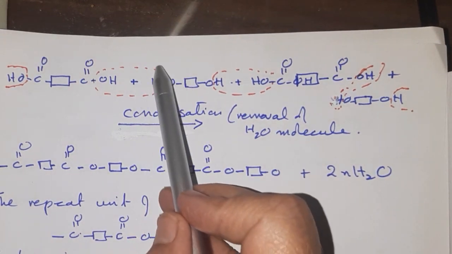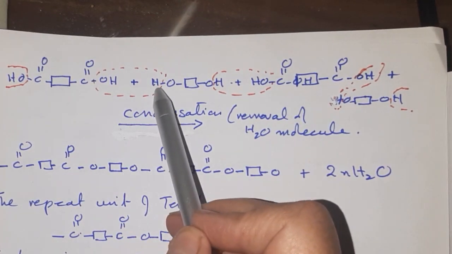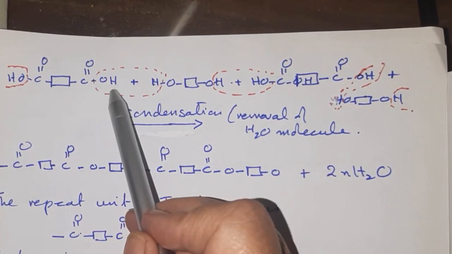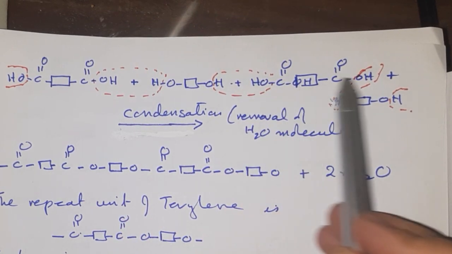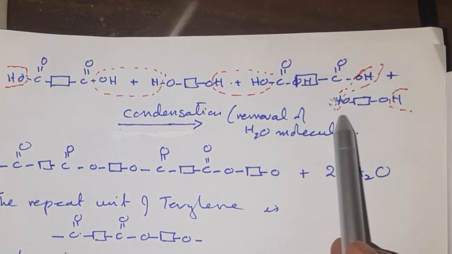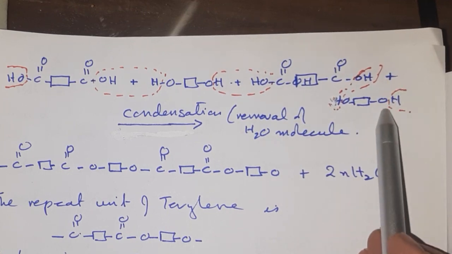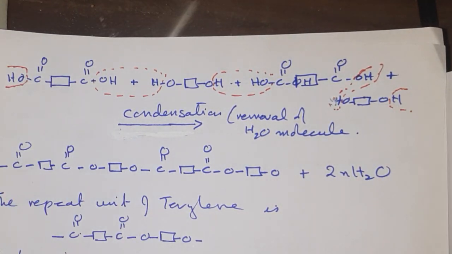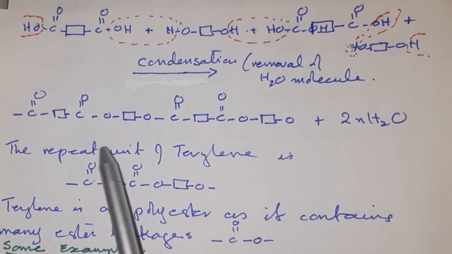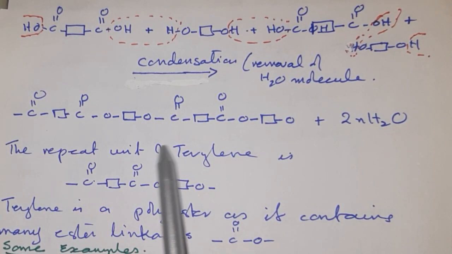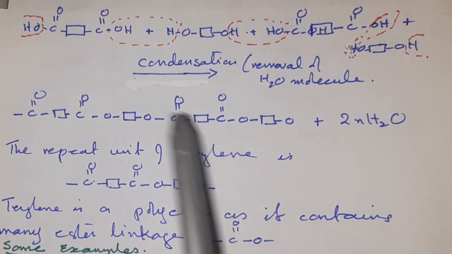I have represented this water molecule as H from the alcohol part and OH from the carboxyl, H from here and OH from here. Same way, similarly OH from here and H from here, and this goes on. I have added a dotted line here. Now this is the condensation polymer, that is terylene.